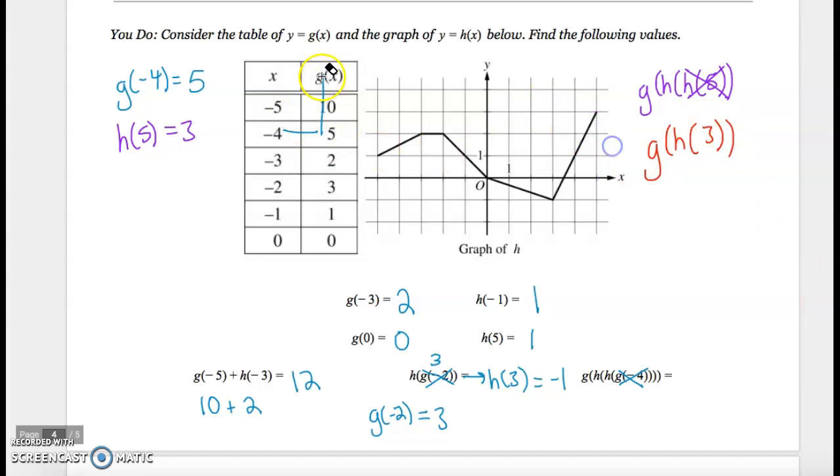And for h of 3, still working from the inside out, h of 3 would be 1, 2, 3. So my output would be -1. So h of 3 would be -1. So now I'm going to replace that with a -1. So now, last but not least, I'm finding g of -1. So g, and here's x, -1, g of -1 is 1. My final answer.